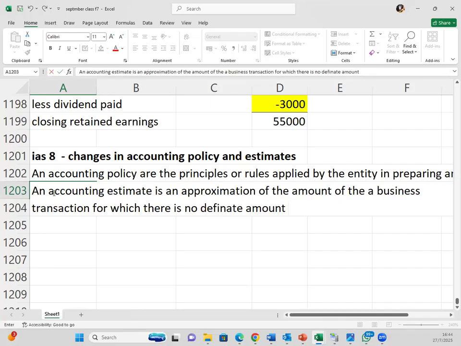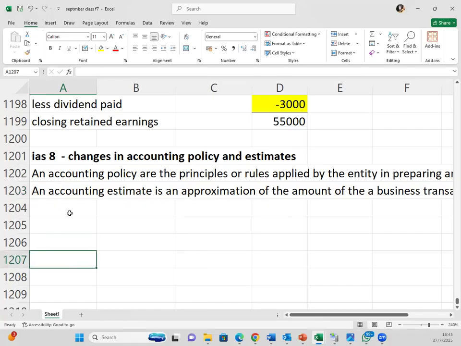So we are estimating, we are not sure, the provision for bad debts, for example. We are estimating those that are likely to default. So if we adjust that estimate, we say there's a change in an accounting estimate. So if we say we were using a different standard, now we have changed, we are applying a different standard.